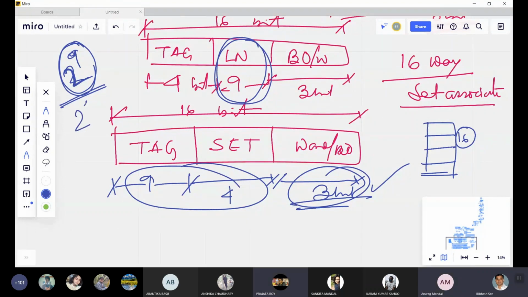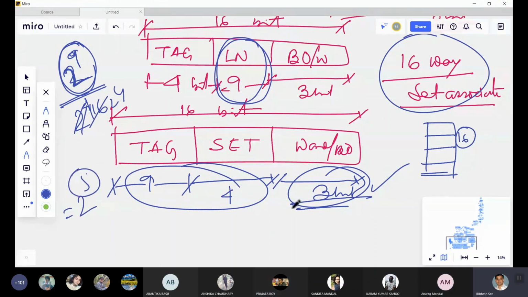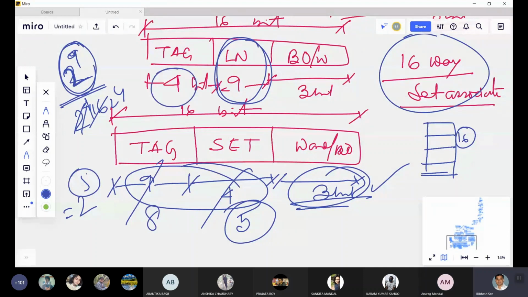That means per set I will make 16, which means 2 to the power 4. I told you 16-way. So 2 to the power 5 set lines. 16 means what? 2 to the power 4. That means 2 to the power 5. So what is the set bit? 5. Then what will be the tag bit? 8, automatically 8. In direct mapping, what is the tag bit? 4.